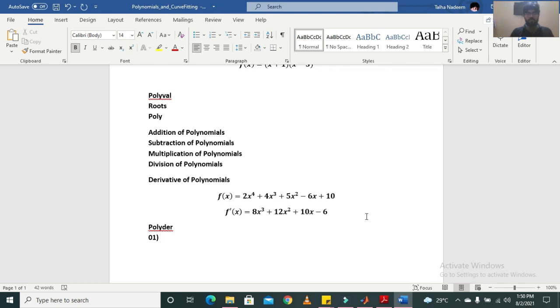First one is for the derivative of one polynomial, and the second is for the derivative of u multiplied with v, and third for the derivative of u upon v.